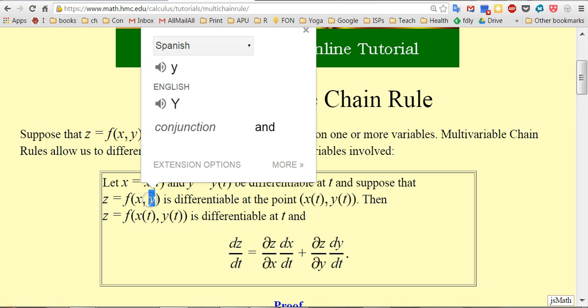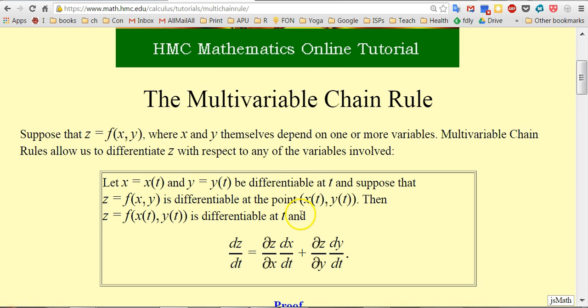So not the single variable case, but a function of two variables. On the other hand, each of those variables, x, for example, is a function of some other variable, t, and y is also a function of t.